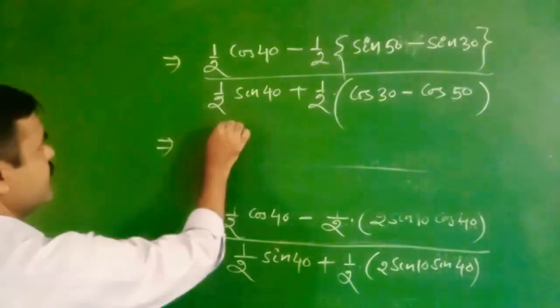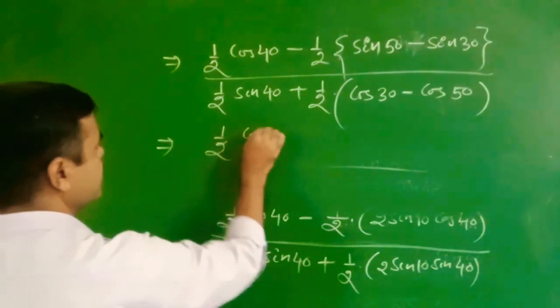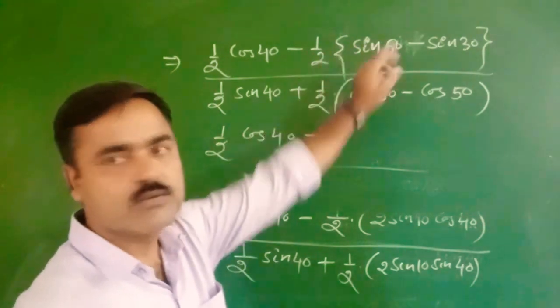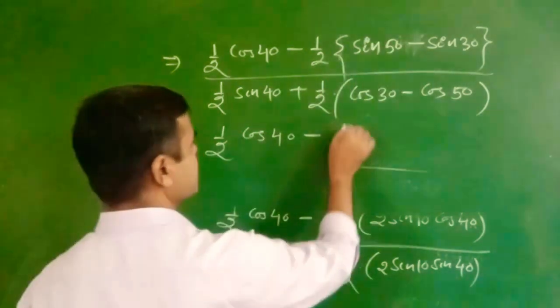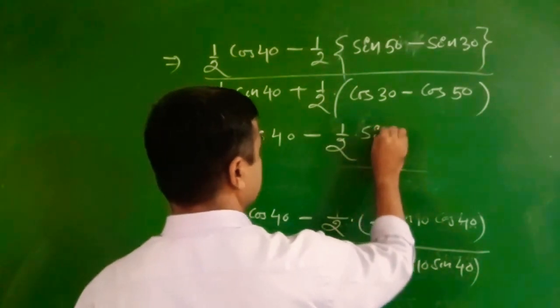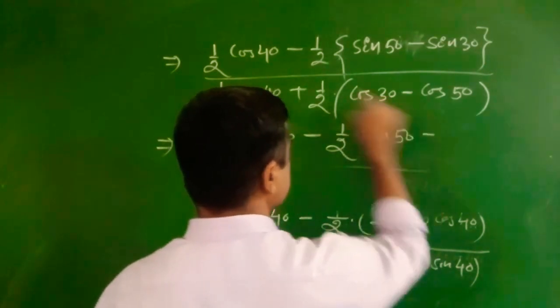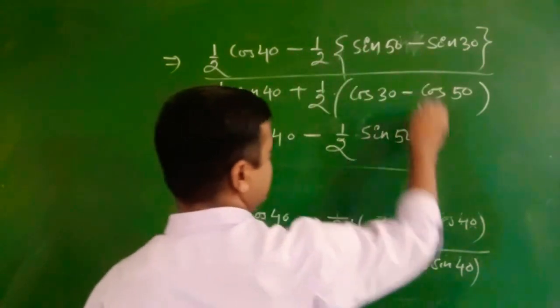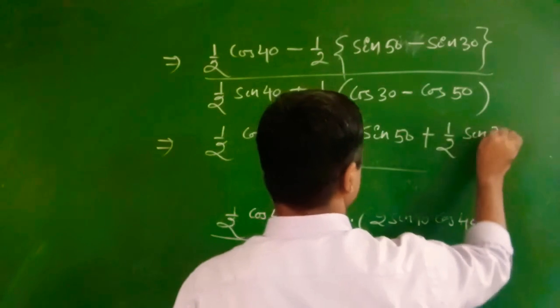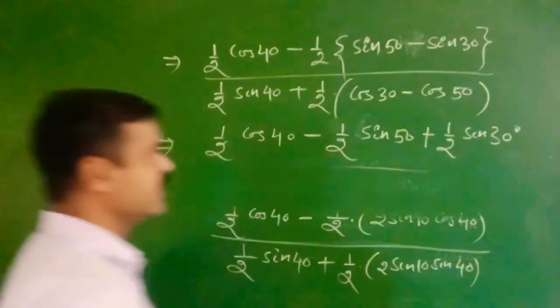Now come to simplify: 1 by 2 cos 40 minus, multiplying this one, 1 by 2 into sin 50. This is minus 1 by 2 sin 50, minus this minus, and this minus will be plus here 1 by 2 sin 30. I hope everyone is clear about this one.